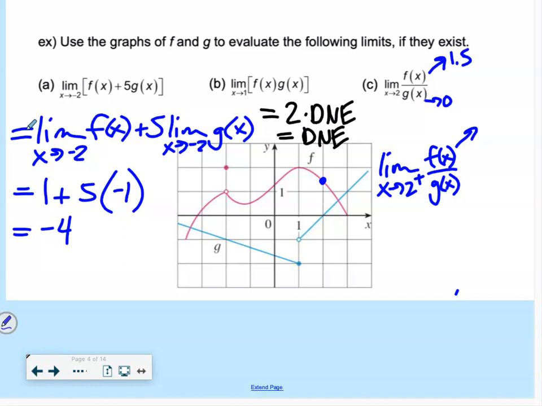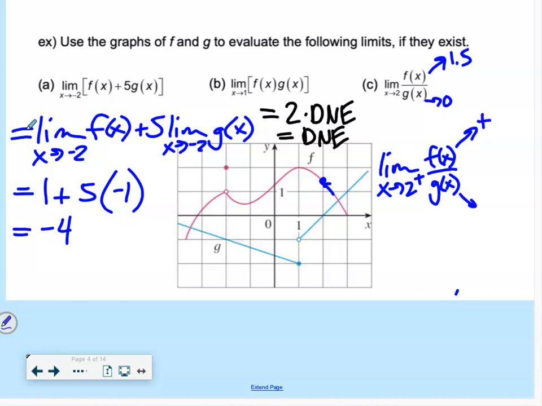Vishali. Hi, Vishali. So as x approaches 2 from the right, remember that when we're doing vertical asymptotes, we're just checking the signs. Is f, as we approach 2 from the right, positive or negative? Positive.